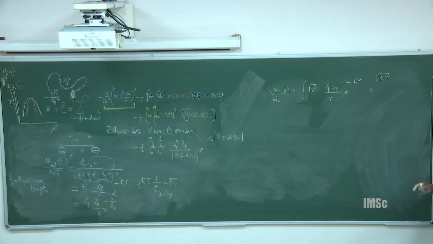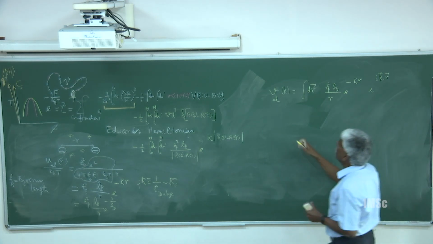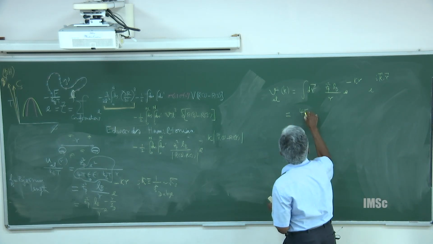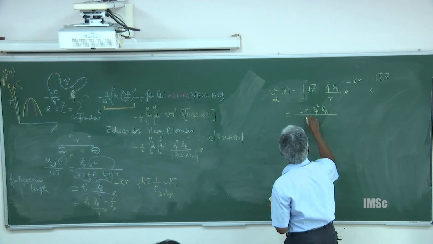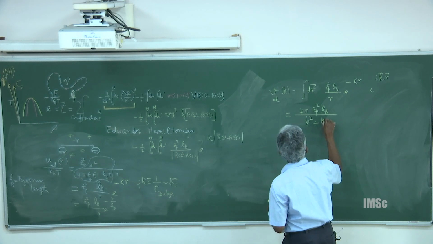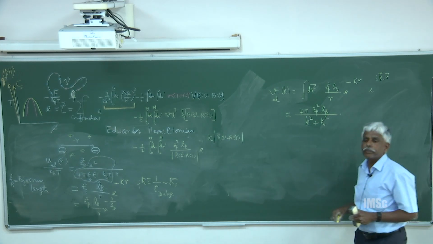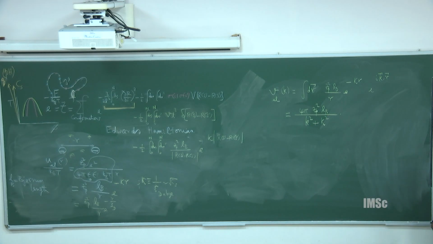The answer turns out to be 4 pi Zp square Lb over k square plus kappa square. I told the other audience that this is a very important integral. We milk it in all physical disciplines.